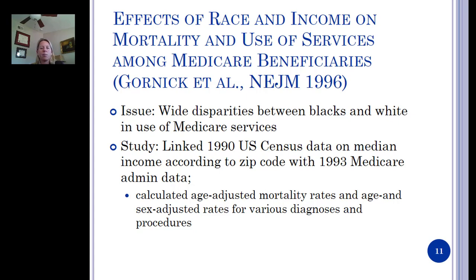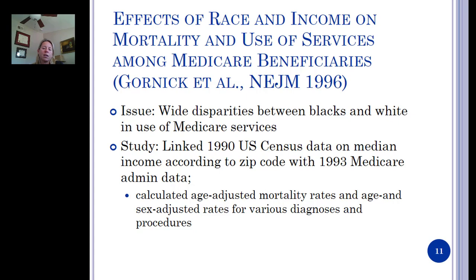So here's just one example of using group-level data to evaluate a program. This was a published study from 1996 to evaluate the effects of race and income on mortality and the use of services among Medicare beneficiaries. So the issue at the time, and probably still is an issue, is that there's known wide disparities between the use of Medicare services between Blacks and whites in the United States.